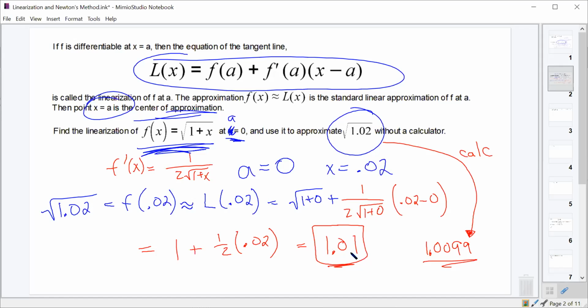This is 1 and 1/100th, well, this is 1 and 99 10,000ths, which is only off by 1/10,000th from the actual value. And there was probably more to it, right? It was 1.0099 what? 0.5 something. So we're off by slightly less than 1/10,000th with this approximation, which for pretty much any calculation and measurement you're trying to do is going to be more than good enough, right?